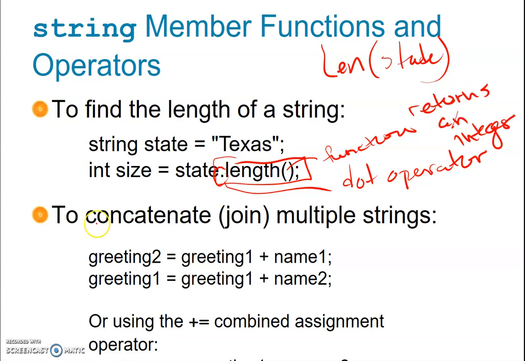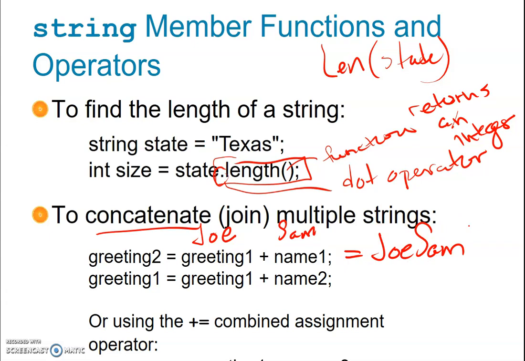Okay, I can do what we call concatenate, or append one word to another word. So let's say greeting one was Joe, and name one was Sam, and then greeting two would equal JoeSam, all in one.